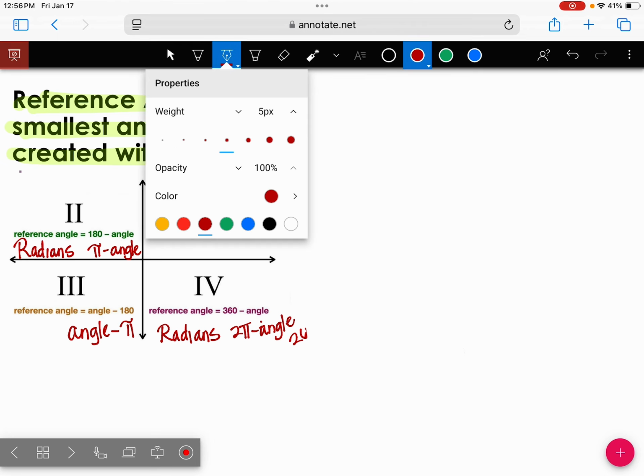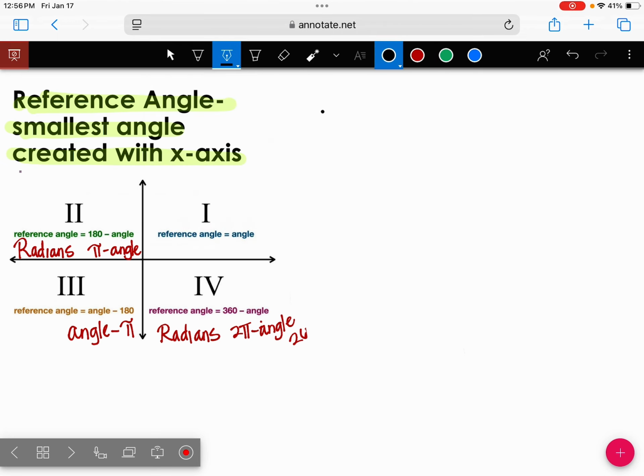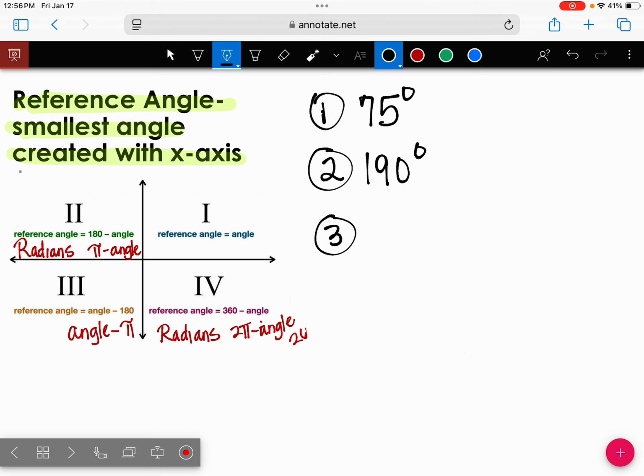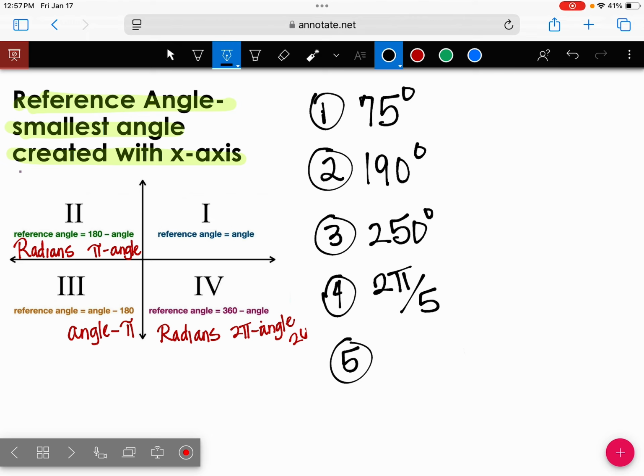We're going to find the reference angle for 75 degrees, 190 degrees, 250 degrees, 2 pi over 5, 310 degrees, and 10 pi over 3.